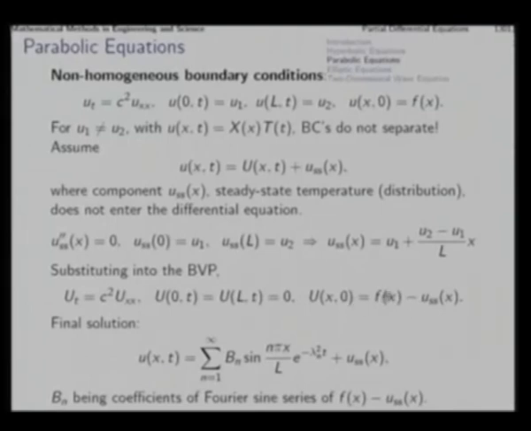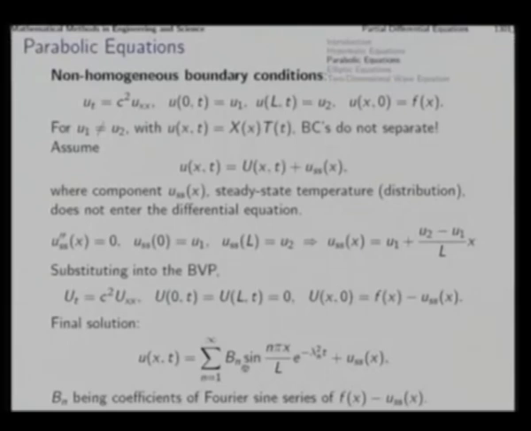So, here in place of f(x), which is the initial value of small u, we will have f(x) minus U_SS, which is the initial value of capital U. This change in the initial condition, with the homogeneous boundary conditions and this differential equation, will give us the same solution which we found earlier, and that solution we compose with the steady state solution to get the complete solution.